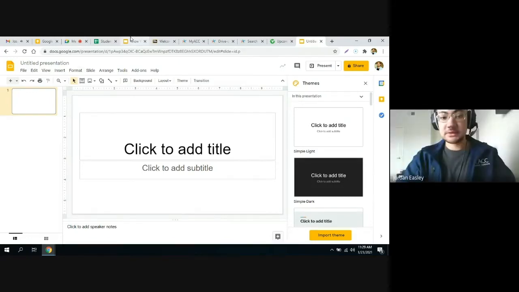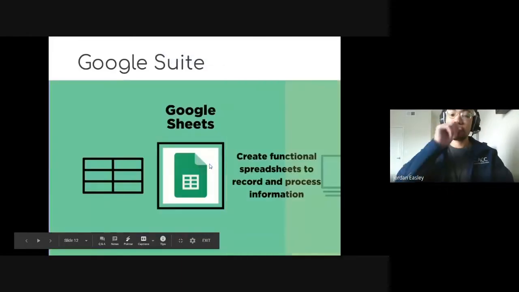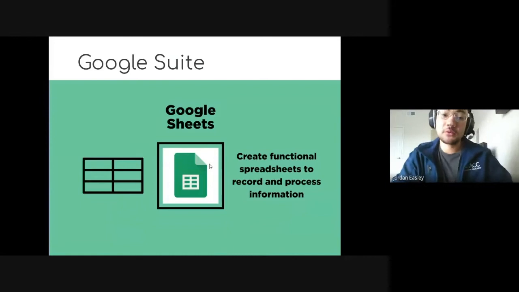All right. So we've got Google Docs, we've got Google Slides, and now we're going to talk about Google Sheets. Just like Docs and Slides are probably the most common, I would say this one is probably the least common. Google Sheets is one of those things where you could use it for years and still not be anywhere close to an expert, with how many features and how much functionality there is in this tool.